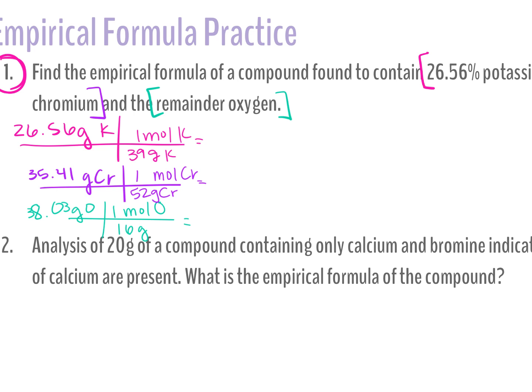Okay, so for potassium, I got about 0.681 moles of potassium. And I got about 0.681 moles of chromium.